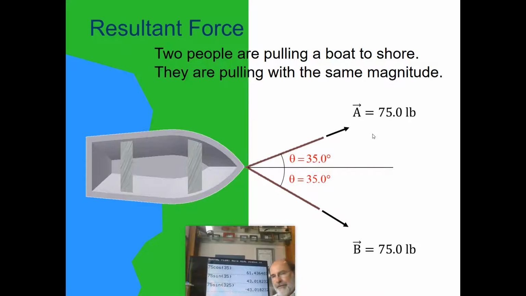Person B is pulling with a force of also 75 pounds, also at an angle of 35 degrees, but in this situation, 35 degrees down and to the right instead of up and to the right. So what is the resultant force of these two people pulling?